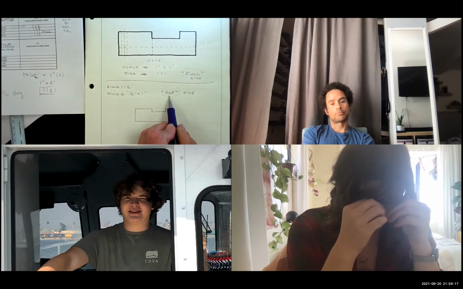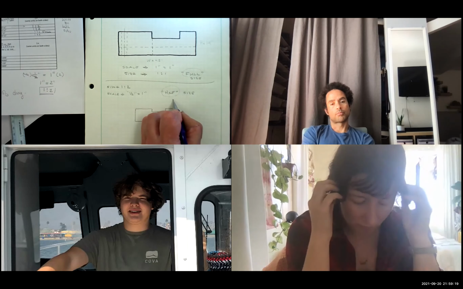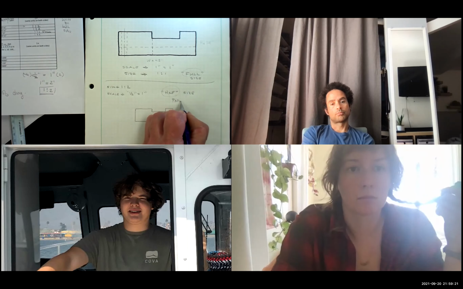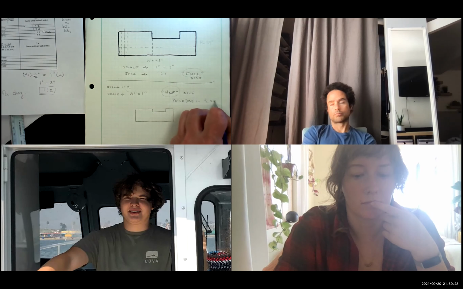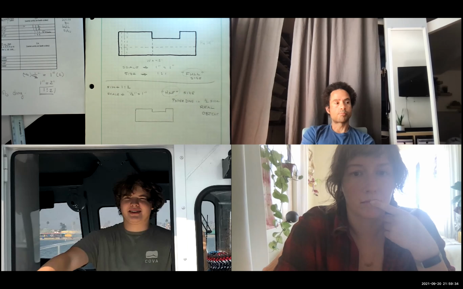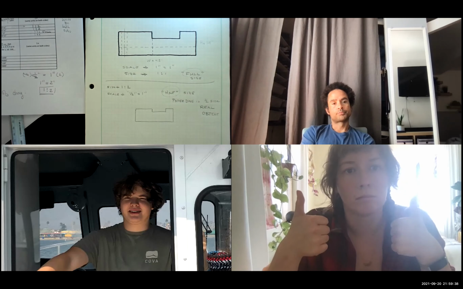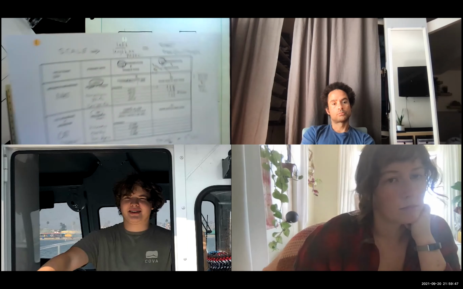So half size means the drawing on paper is half the size of the real object. How's everyone doing? Good? I'm going slow, just in case. Okay, so now let's take a look back at this sheet.